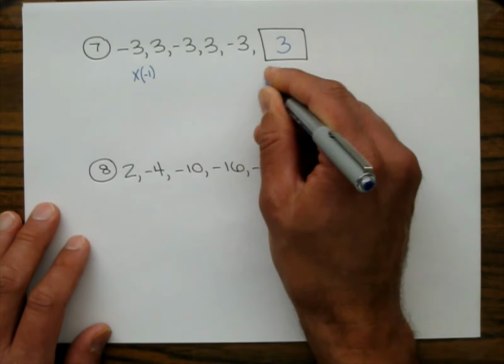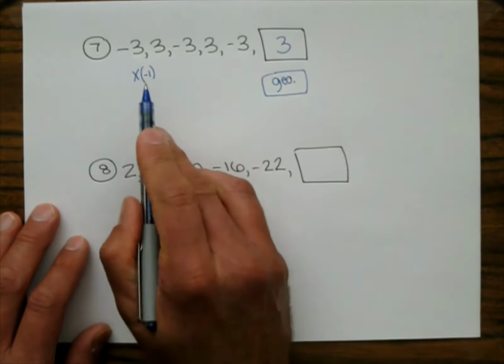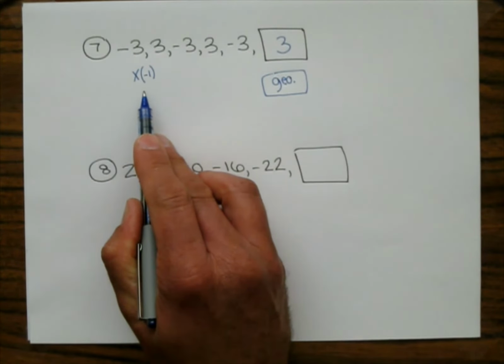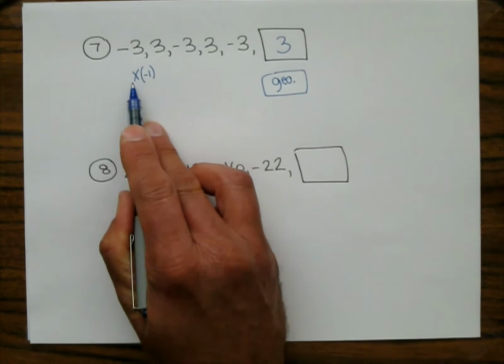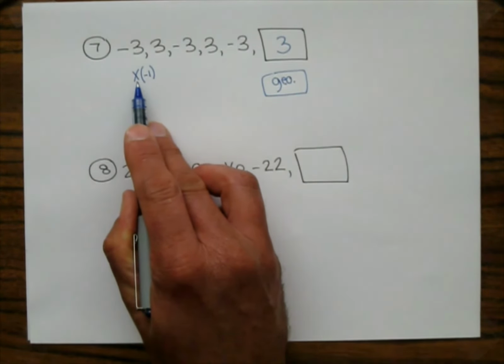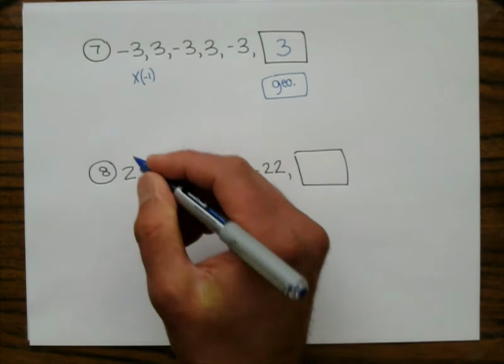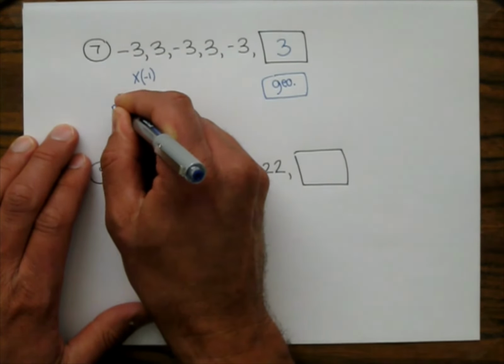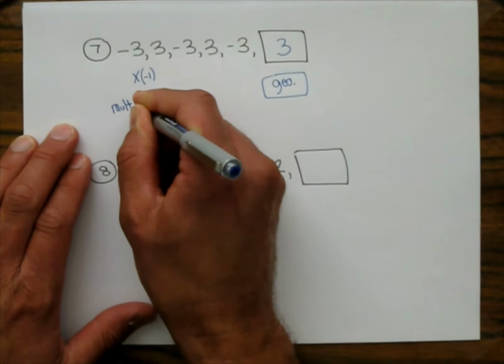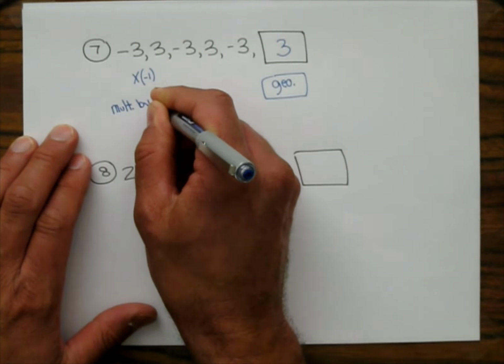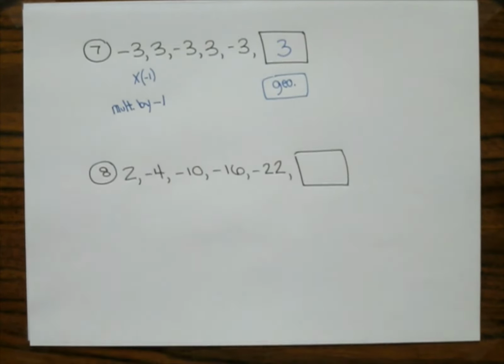Yep. So this is a geometric series. This looks kind of funky because, you know, we used to use an x for multiplication, and then when we started doing algebra, x was a variable, so that does look kind of dumb. Let me just go like this, multiply by -1.